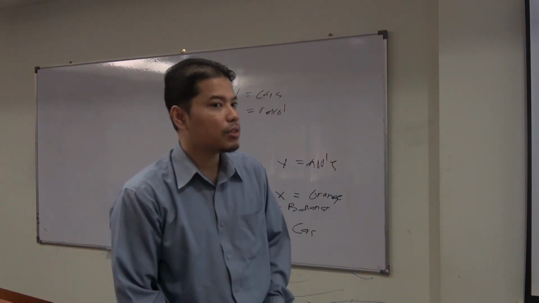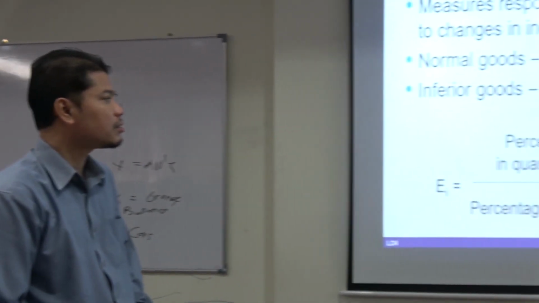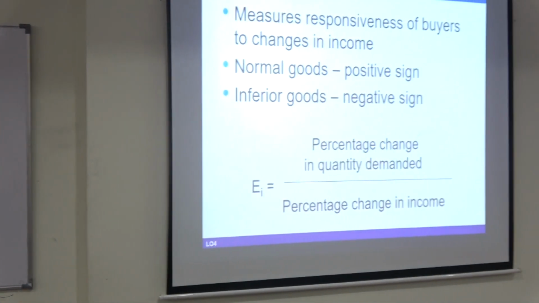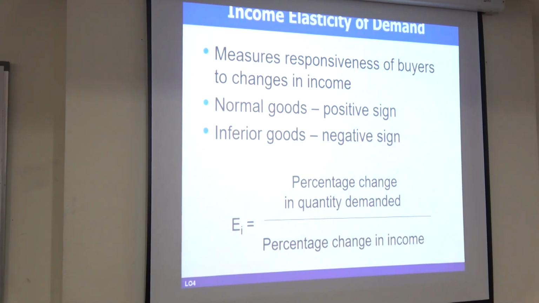Slide 26. Income elasticity of demand. Now we come to the last elasticity measure, which is income elasticity of demand. So far, all the three elasticity measures that we have discussed, price elasticity of demand, price elasticity of supply, and cross price elasticity of demand, are all related to the relationship between price and quantities of products.